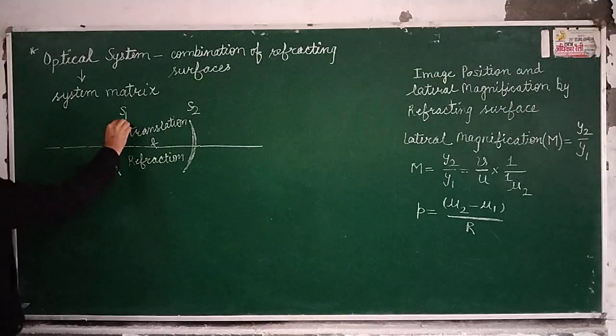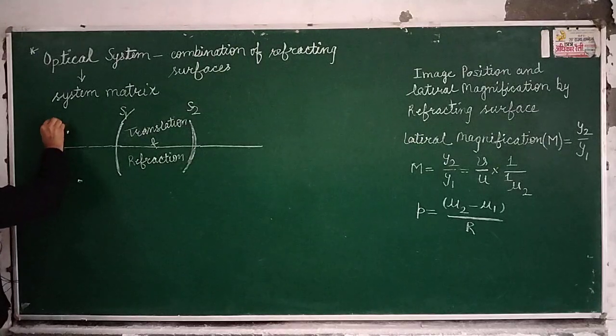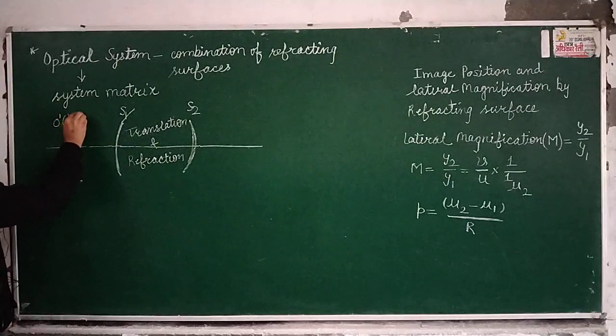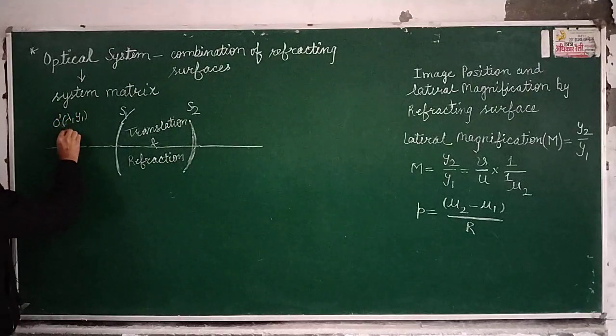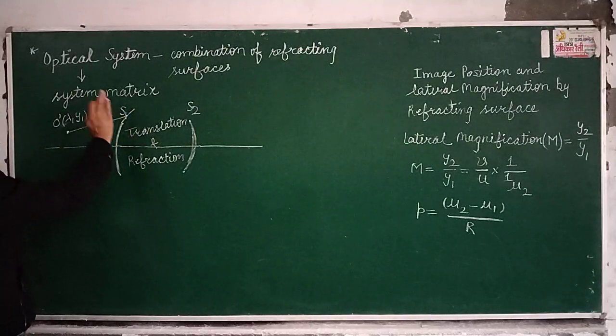Suppose a ray moves from this point, this is O dash, and it is given by the optical coordinates lambda 1 and y1. The ray propagates from this point and falls on the refracting surface.